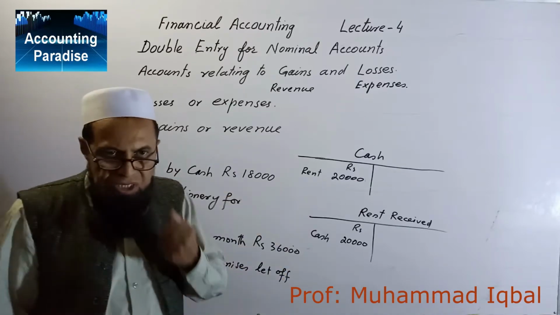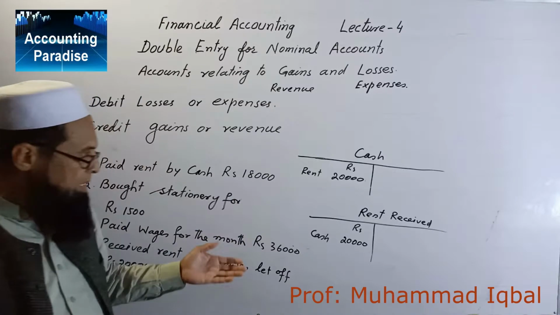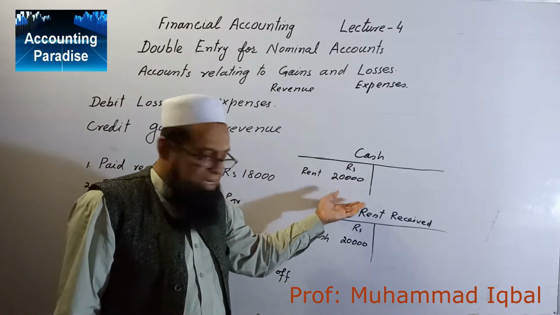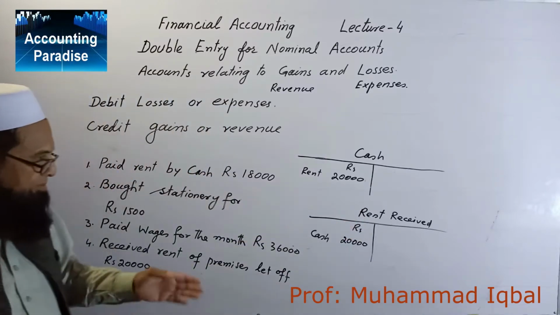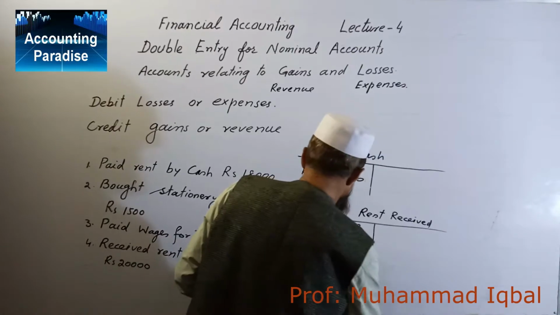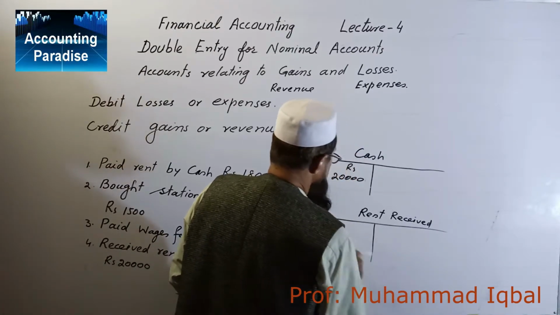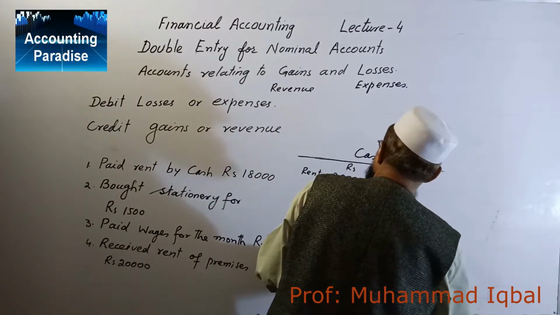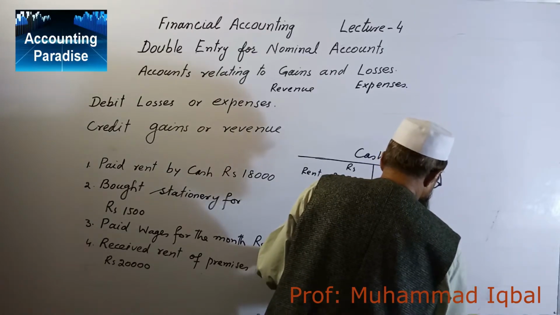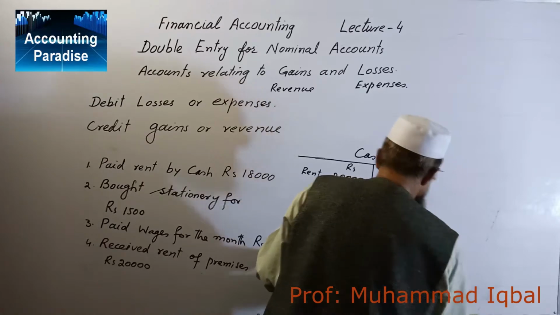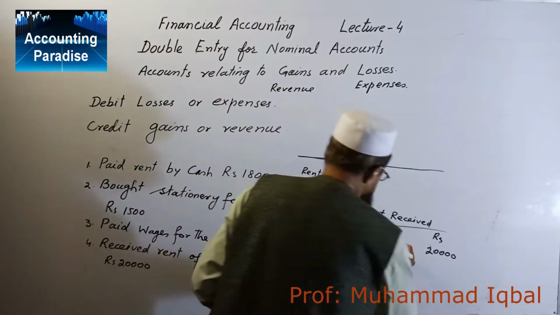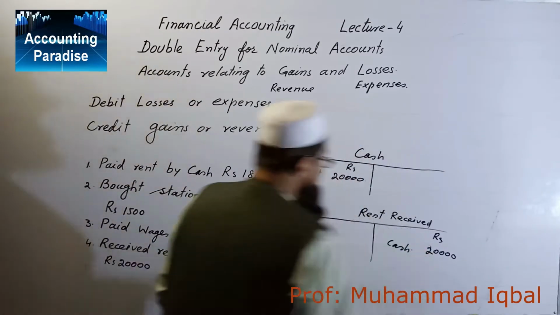Now we have received rent, this is the revenue, then cash is received. The cash is debited and the rent received is credited. The contra would be rent and cash.